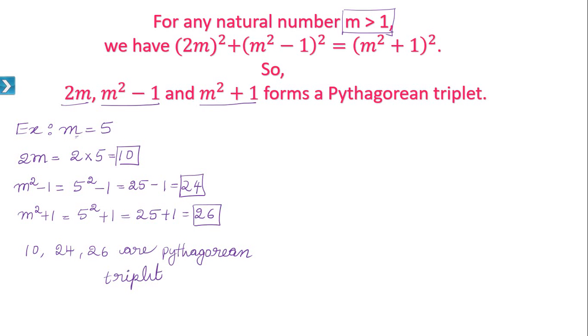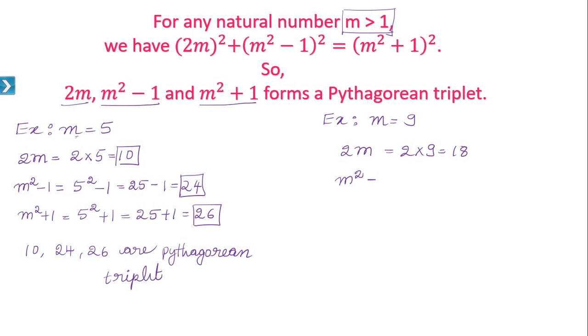You can take any value for m. Take one more example, m is equal to 9. Then the formula to find a Pythagorean triplet is 2m, that is 2 into m, where the value of m is 9 here. So, 2 into 9 is 18.